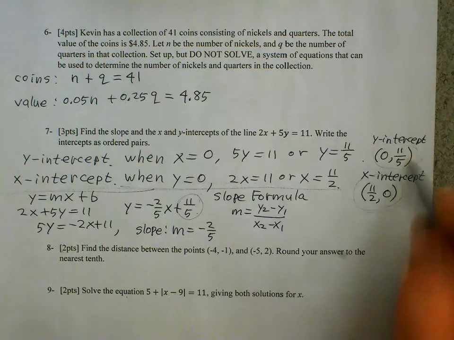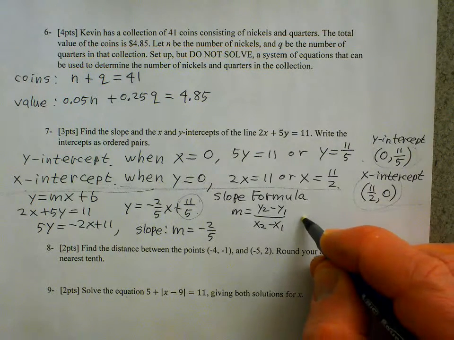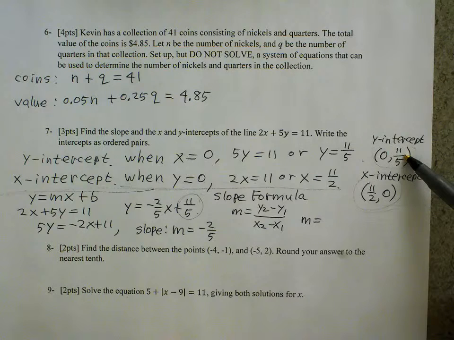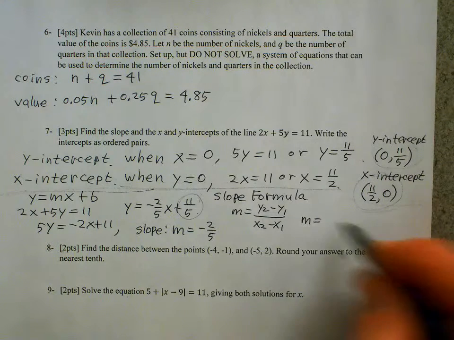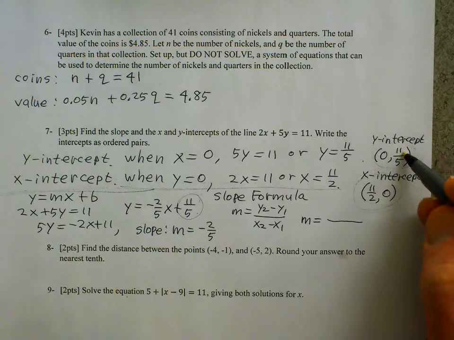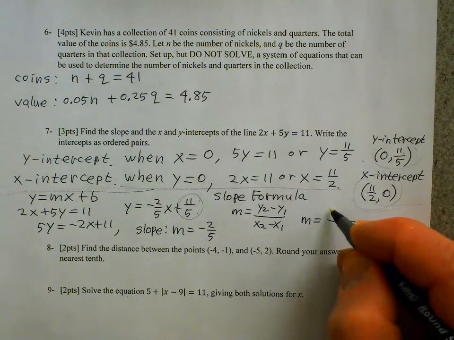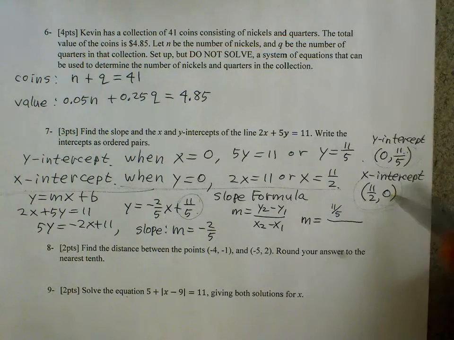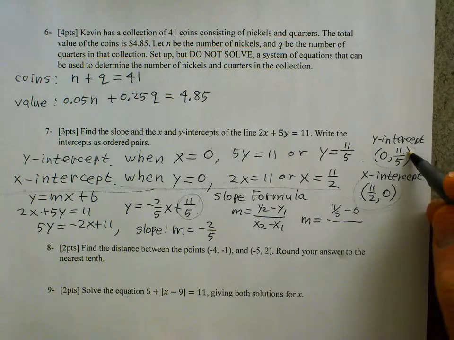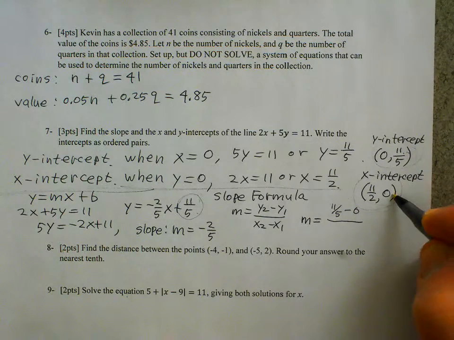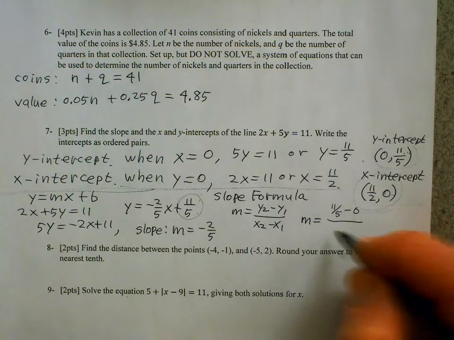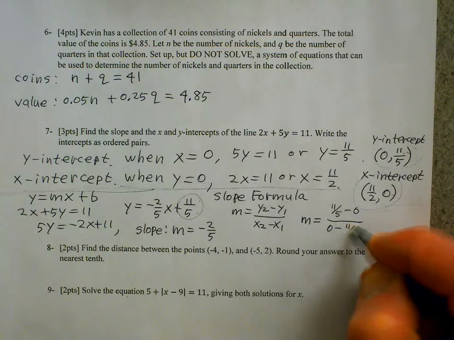So if we use those ordered pairs, I'll pick 11/5 for my y2. So 11/5 minus 0. That's my y2 minus y1. And then my x2 minus x1 will be 0 minus 11/2.